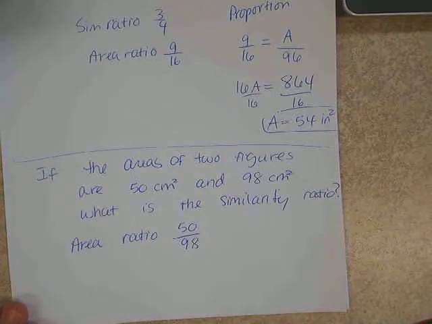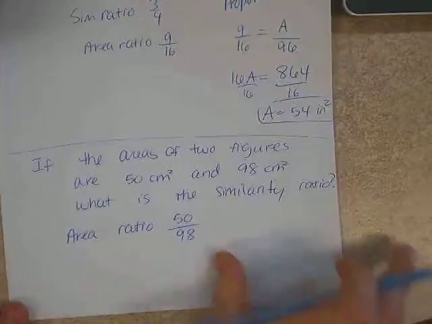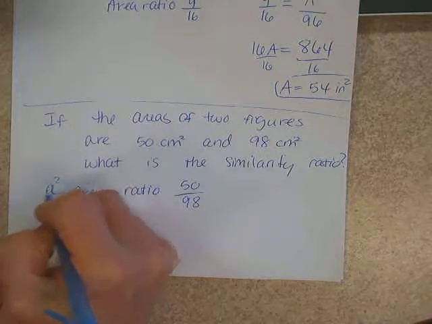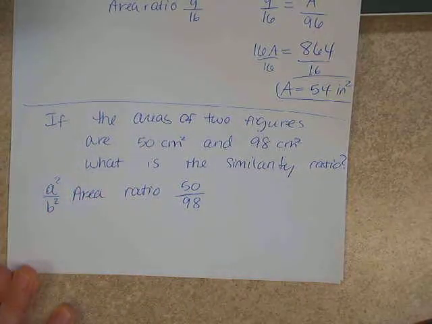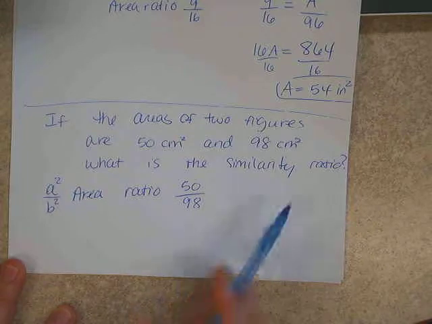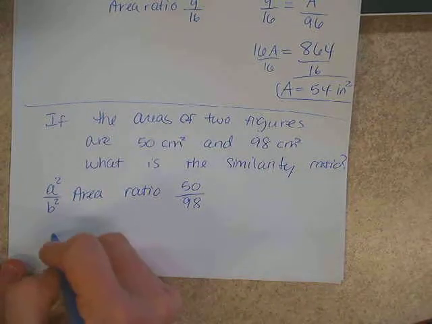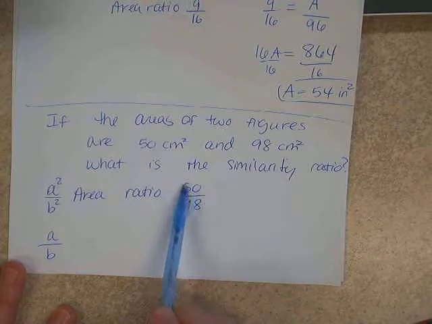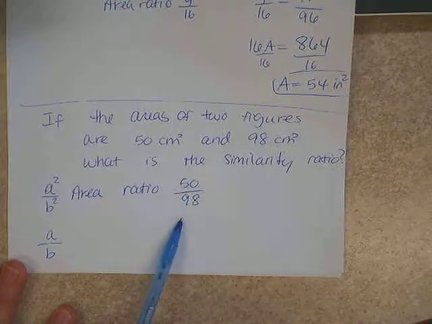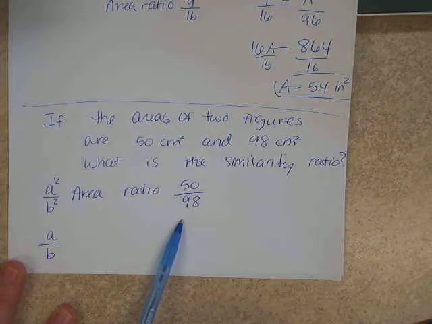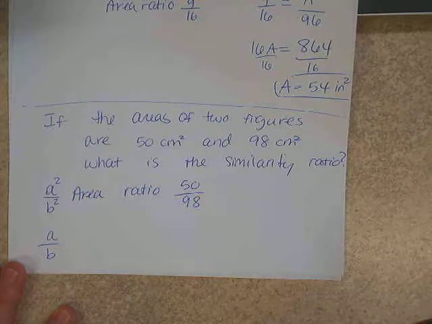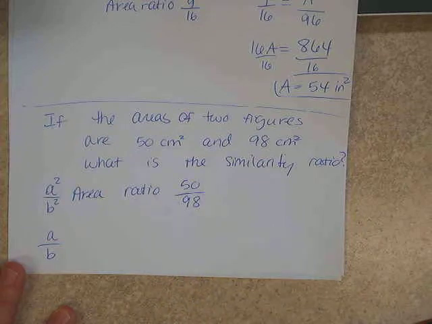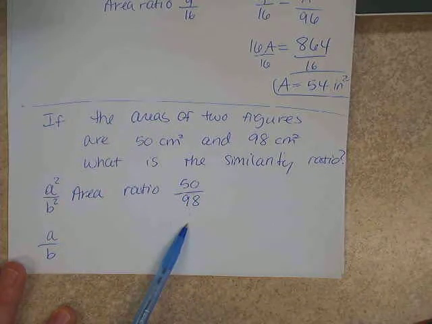So again, you go to the desired ratio for what you're looking for. Now in this case, we're not finding perimeter or anything like that. So you've got the two areas. So our area ratio is 50 over 98. The first thing you should be looking at, and remember this is A squared over B squared, right?